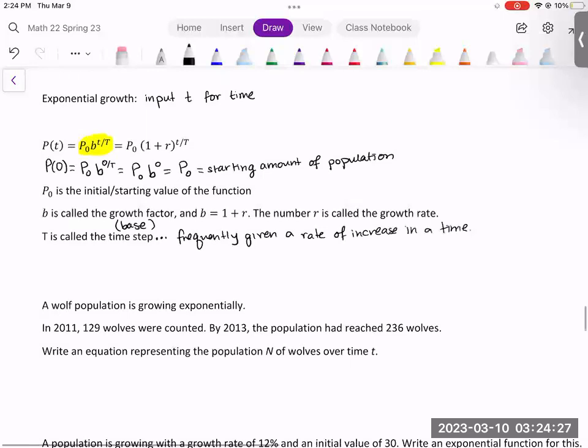So for example, when we were looking at the bacterium example, we said every 20 minutes our population doubles. So there, our time step would have been 20 minutes. If we take a look at our population at this time step, we get P naught b to the T over T, or P naught times b.